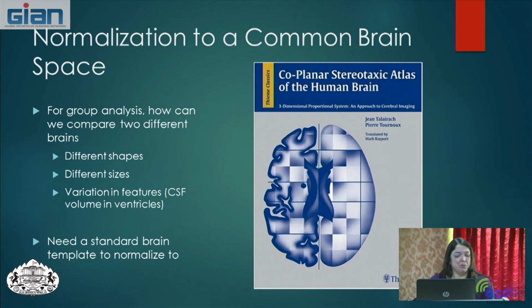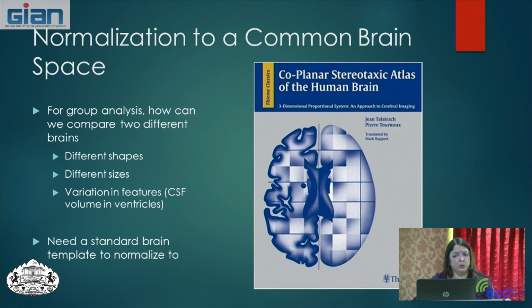And this is kind of a problem because maybe somebody's activation that looks like it's in the same space may actually not be, because the brain has a different shape in that case. Again, there's variations in how much size of the CSF contained in the ventricles, and things like that.